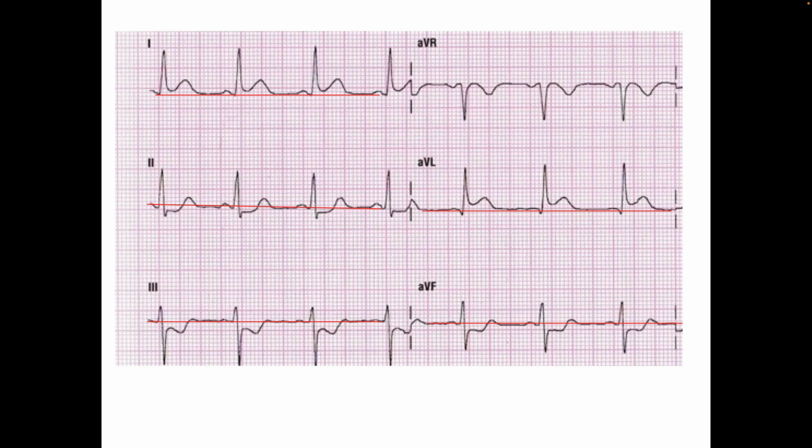Okay, what I want you to do is go to your handout and look at numbers 1, 2, 5, and 7. Hold tight.